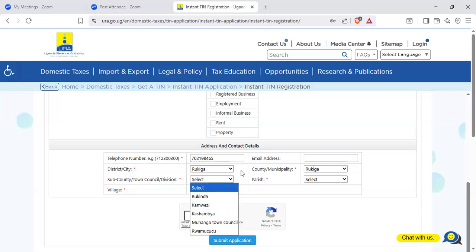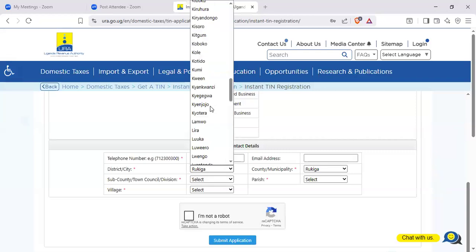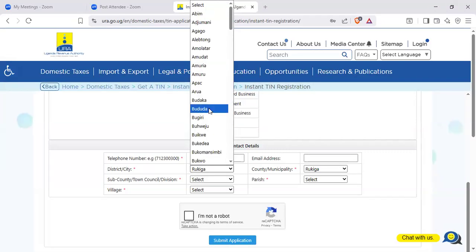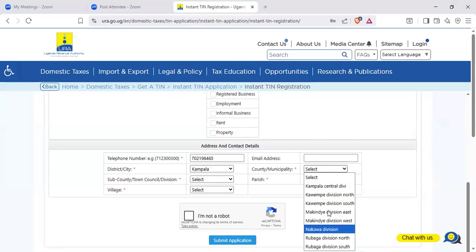Then, depending on the district you selected, if you selected Kampala, you will see different things. Then here you have to specify the division.